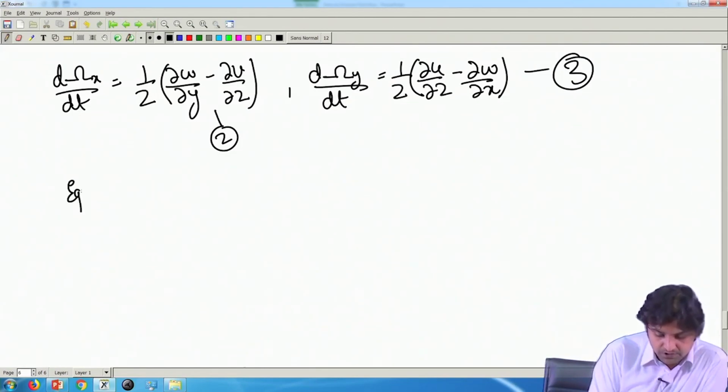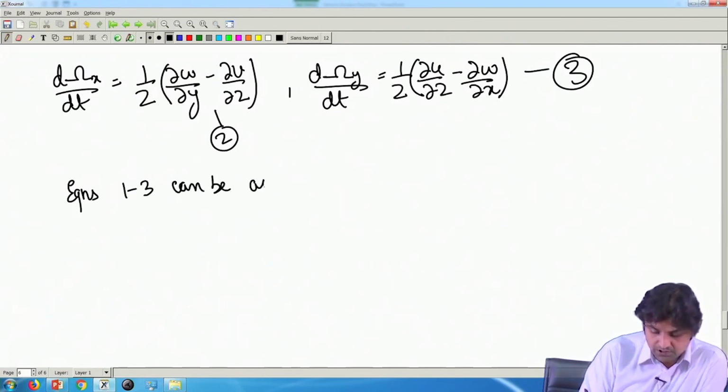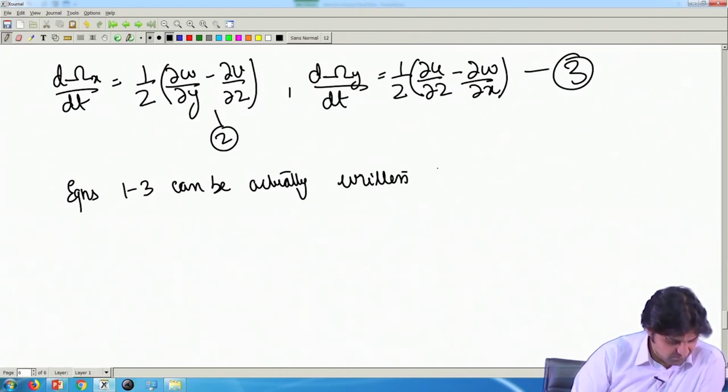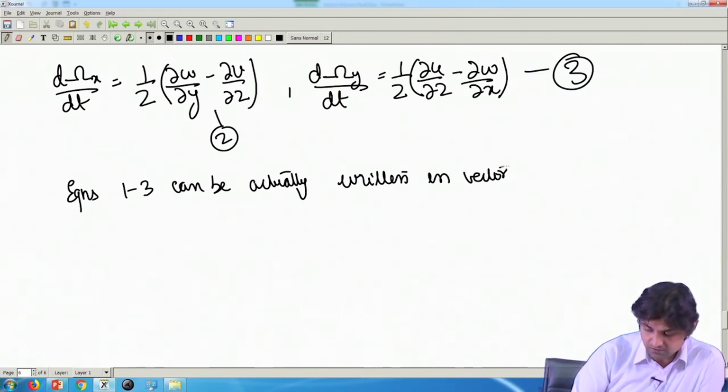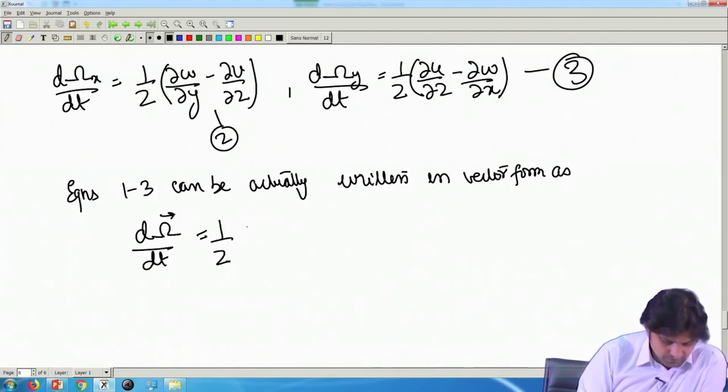So equations 1 to 3 can actually be written in vector form as, because there are 3 components, we can simply write is equal to half. All right.